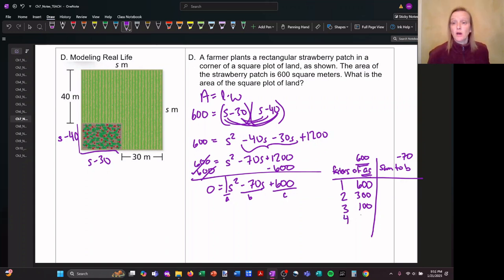So 4 times 150 is 600. 5 times 120. 6 times 100. No 7, but 8 times 75 works.